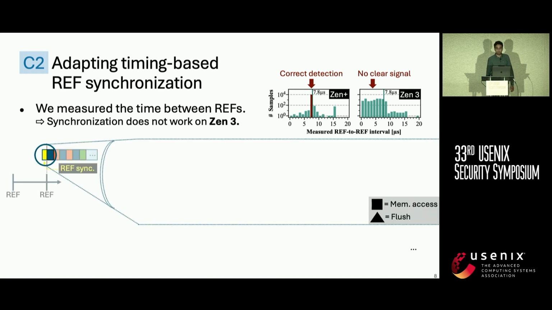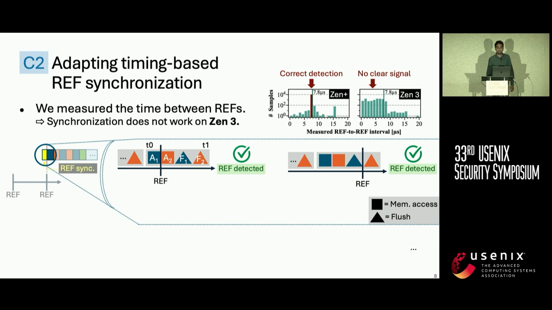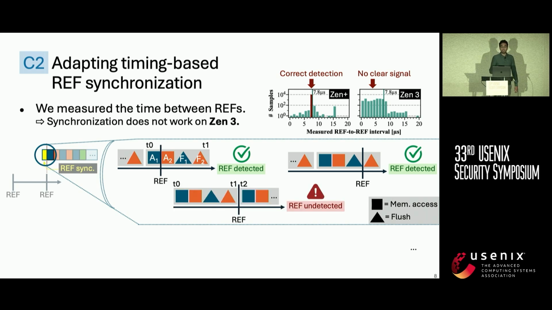And now if we look a bit more into the synchronization routine, where rectangles are basically accesses and triangles flushes, we can see that if the refresh happens between these 2 accesses A1 and A2, we can detect it successfully. Also if it happens between the flushes, but if it happens in between repetitions of the synchronization routine, then we have basically a blind spot between these measurements, T1 and T2, and it gets undetected.